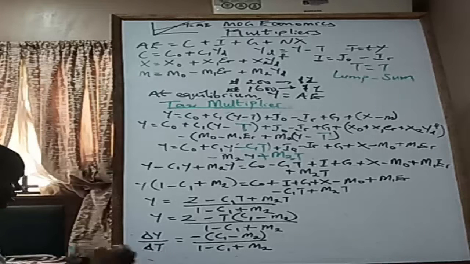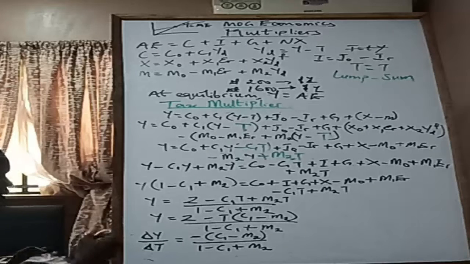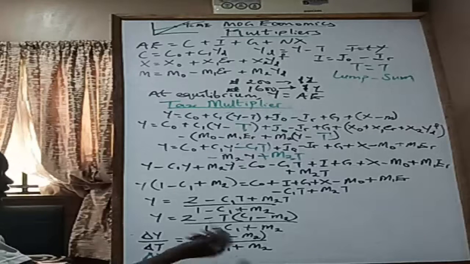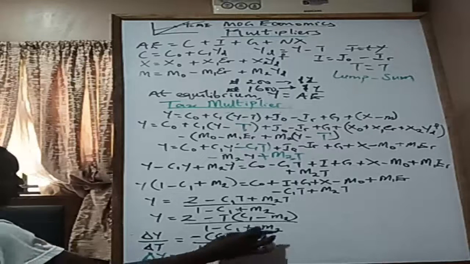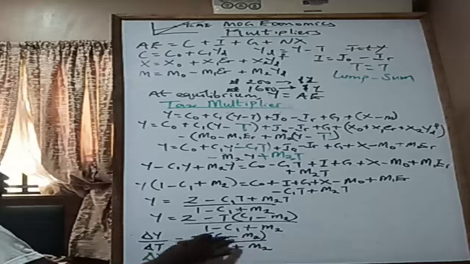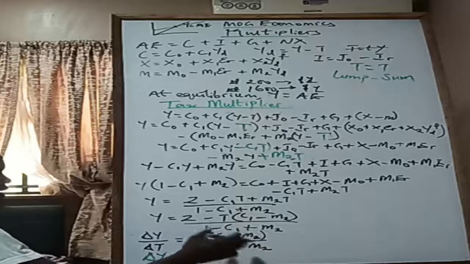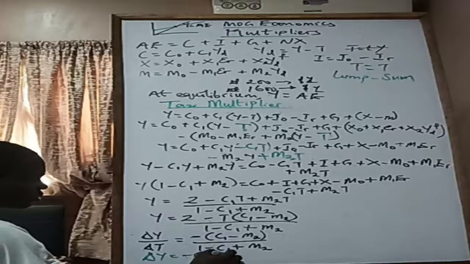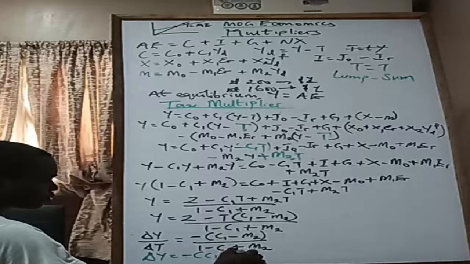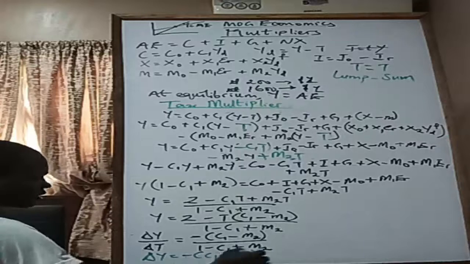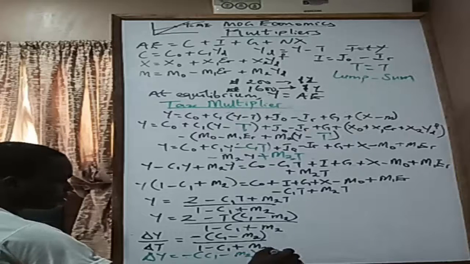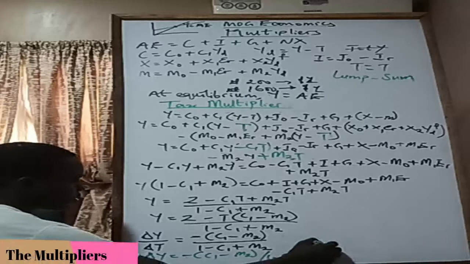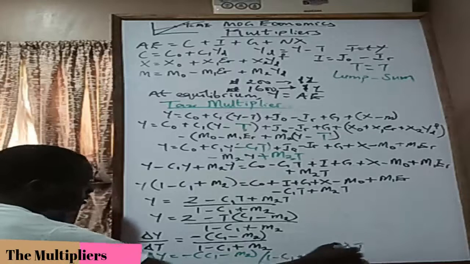So the change in Y as a result of change in taxes is going to be the tax multiplier, minus c1 minus m2, divided by 1 minus c1 plus m2, multiplied by the change in taxes.